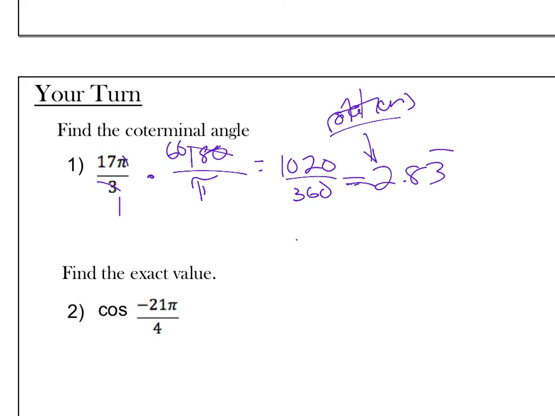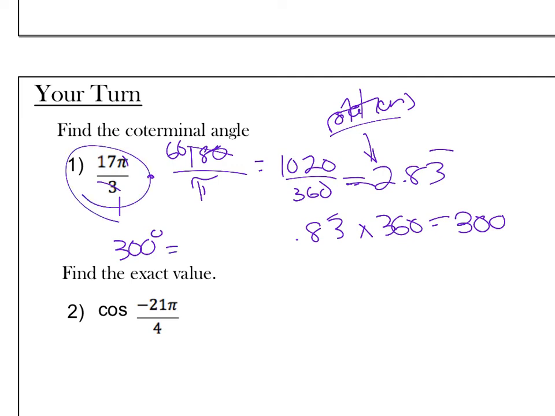But I don't care about that, so 0.83 repeating times 360 gives me 300. So you're 300 degrees, but they give it to me in radians, so I've got to go back to radians. So I need to multiply this times pi over 180, which simplifies to 5 pi over 3.